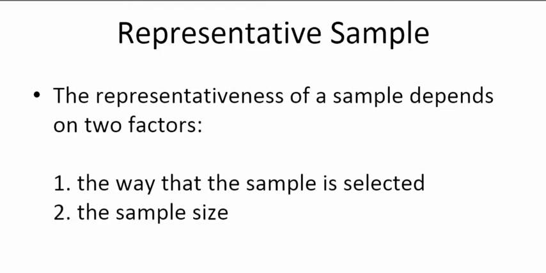And later on, we'll talk about how the best way to do that is random sampling, or taking a random sample. The representativeness also depends on the sample size, which means that a large random sample is likely to be more representative than a small random sample. Because when you take a big random sample, you're taking a bigger piece of the whole, right? The sample becomes closer to actually being the population.